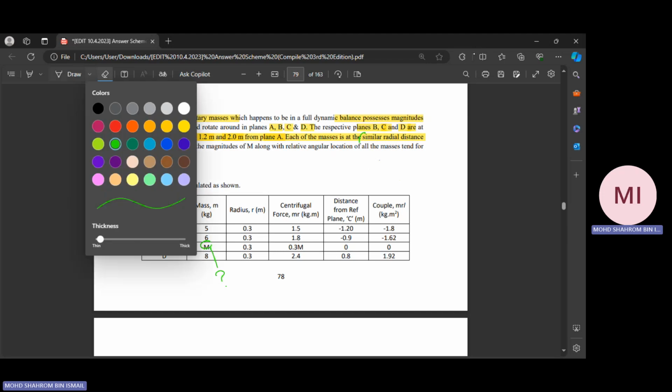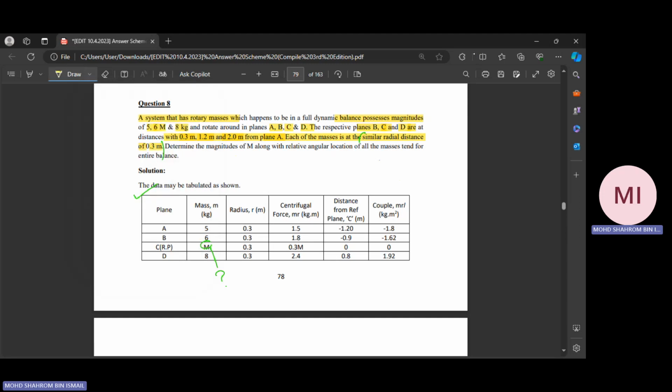It's clearly stated here that the masses are 5, 6 m and 8 kilograms. The radius is equivalent to a magnitude of 0.3 meter.